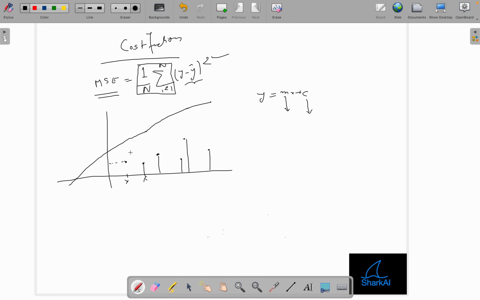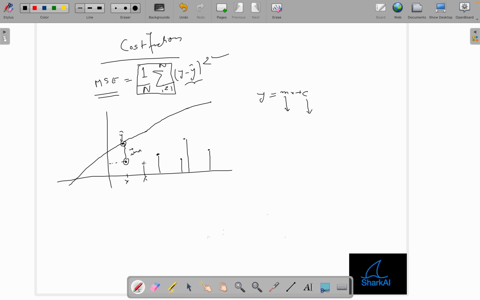When the model draws this line, the model is saying that this is my y hat, or y predicted value, for this x point, but the actual point is this. So this is called the error, the error made by the model.